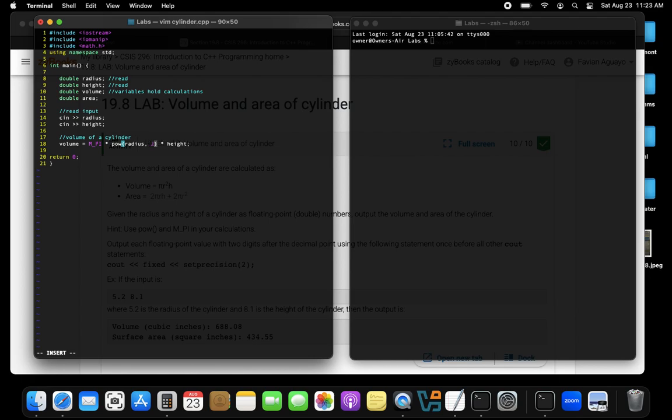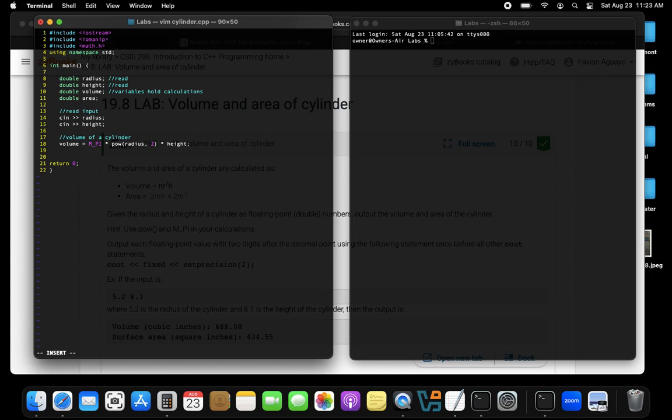And then squared, of course. So this equation, volume equals pi r squared times h, is this. Volume equals pi times radius squared times height. And that's the volume equation.